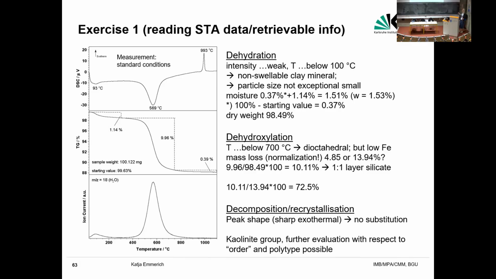Here we said it's a weak reaction, and here we see there's hardly any mass loss due to dehydration. Then we see a dehydroxylation. If you know that this is a pure or nearly pure clay mineral, you should remember the mass loss during the dehydroxylation of 1-to-1 layer silicates and 2-to-1 layer silicates.